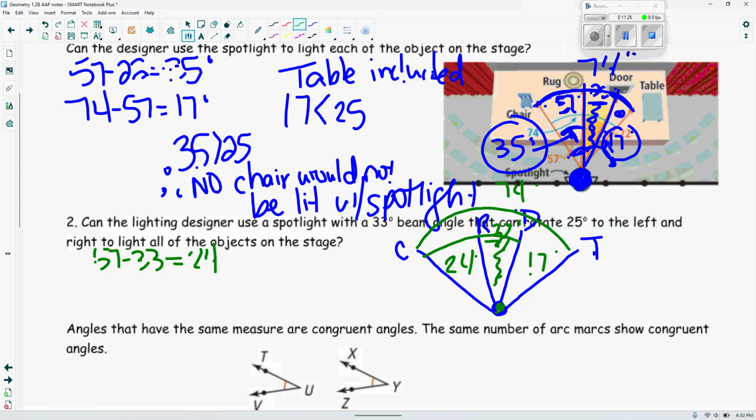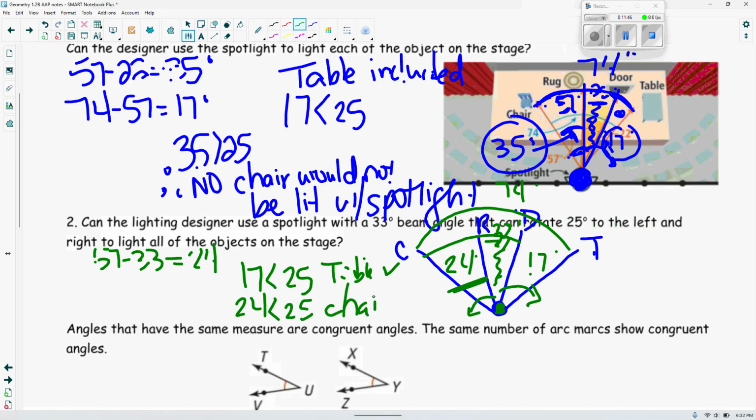So now starting here, if I rotate this direction 25 degrees, 17 is still less than 25. So the table is in. If I'm starting here and I rotate this direction 25, my chair is only at 24. So 24 is less than 25. So this time my chair is in. And so here my answer is yes, everything gets lit with the spotlight.